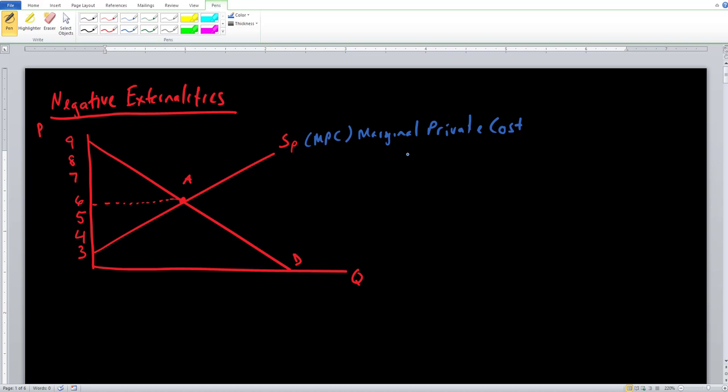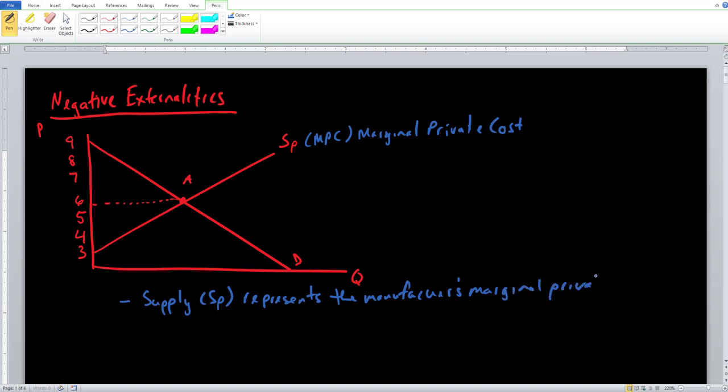It is the manufacturer's or the supplier's marginal private cost of production, exactly how much it costs them to produce this particular good. So for notation, supply in this instance, SP, represents the manufacturer's marginal private cost of production.